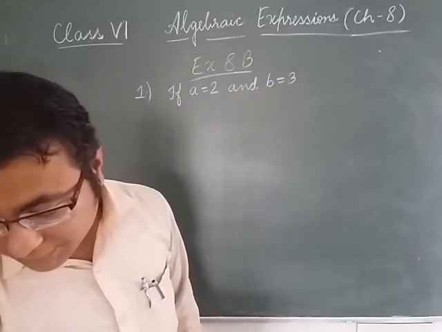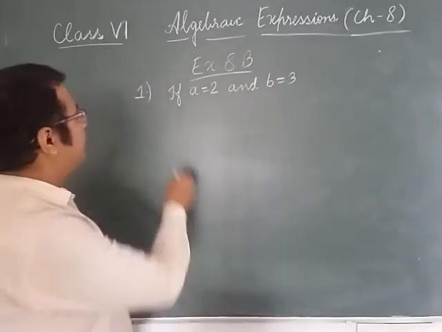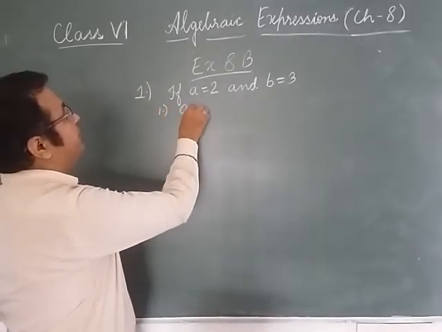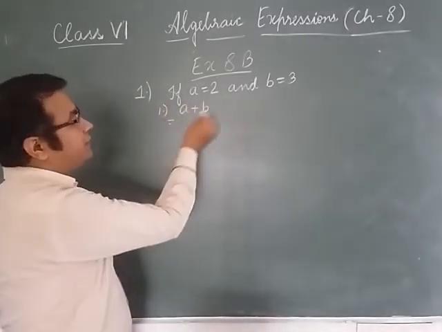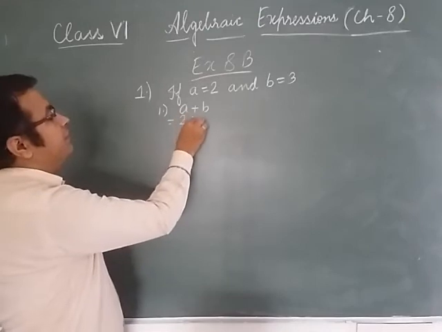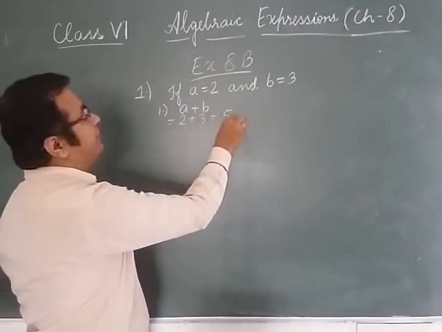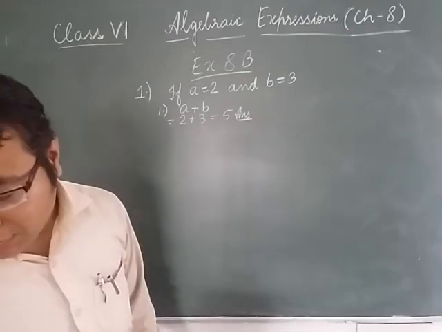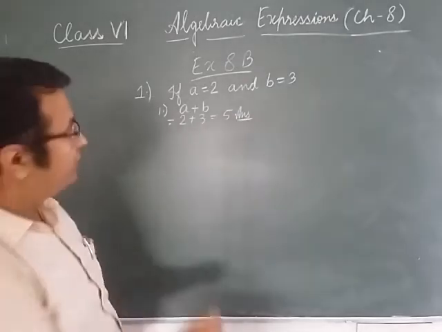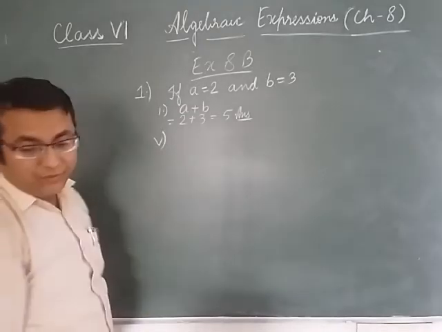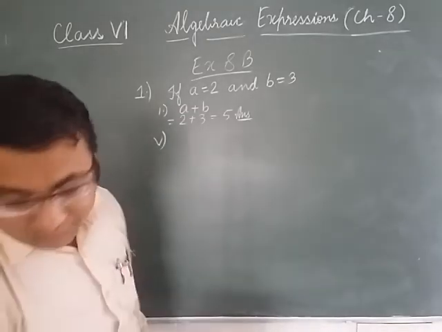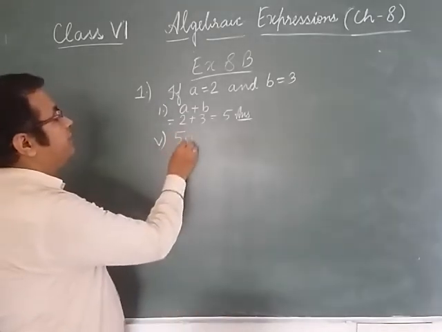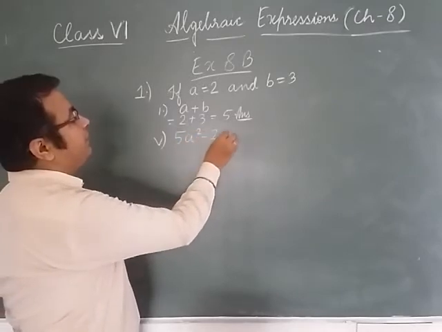the values of a and b are given. We have to find the value of, first part, a plus b. So we will just put the values of a and b. 2 plus 3 is 5. So the value of the expression a plus b is 5. Now let us take the fifth part of the same question. The expression is 5a square minus 2ab.